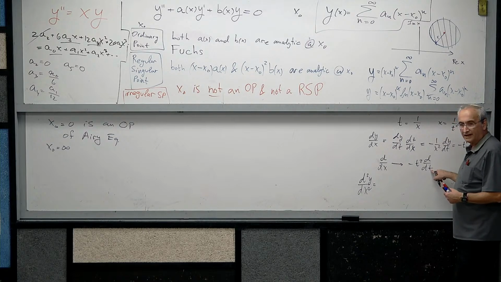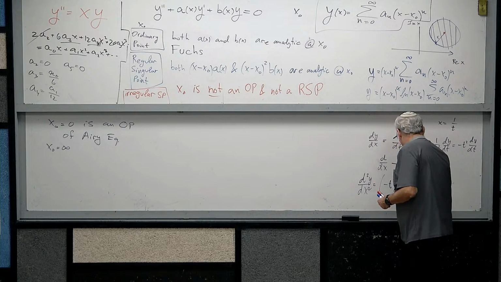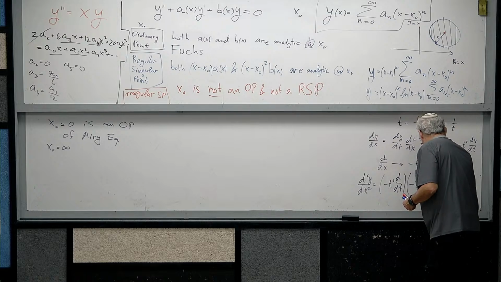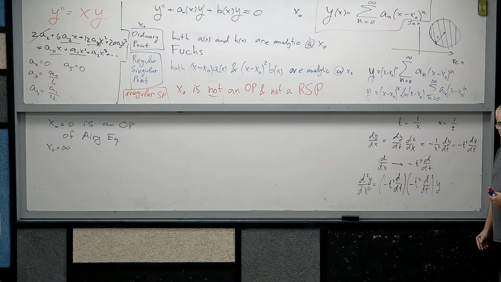So I should take this. This will be minus t squared d/dt acting on minus t squared d/dt acting on y. And what will be the result?